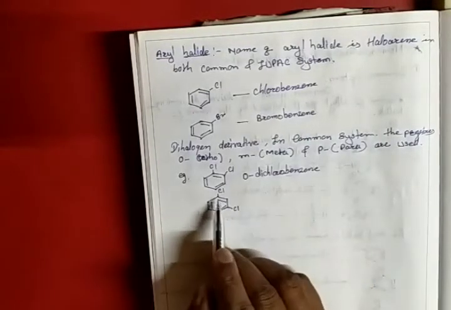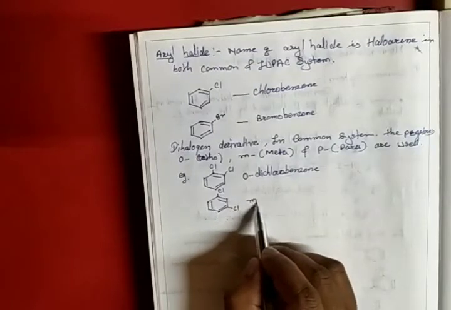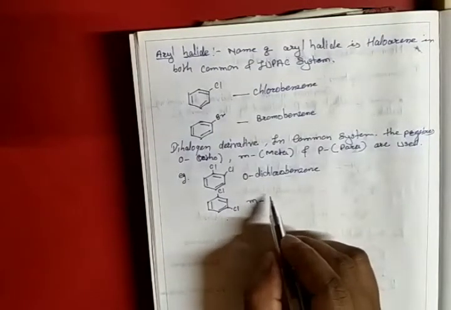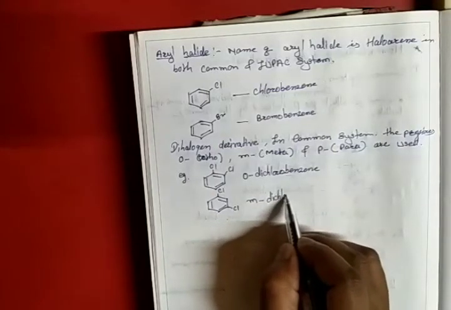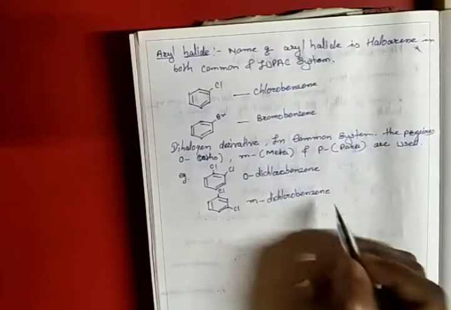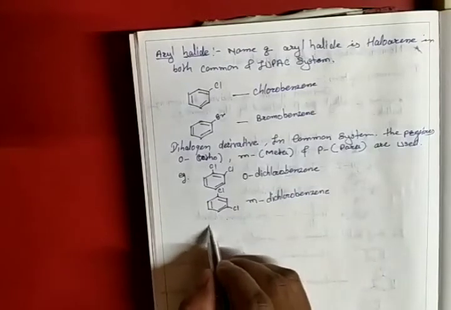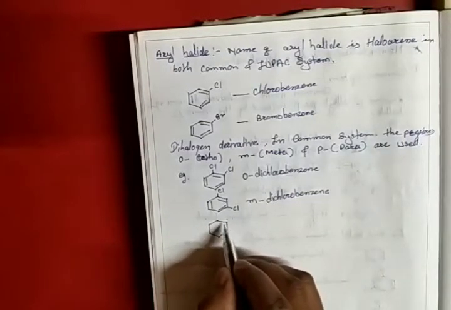This is the 1,3 position, 1, 2, 3, and the 1,3 position is the meta position, small m. There are two chlorine atoms also, so dichloro, and the arene is benzene: meta dichlorobenzene. This is the common nomenclature of aryl halides.